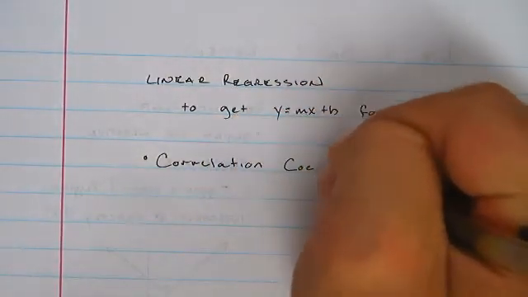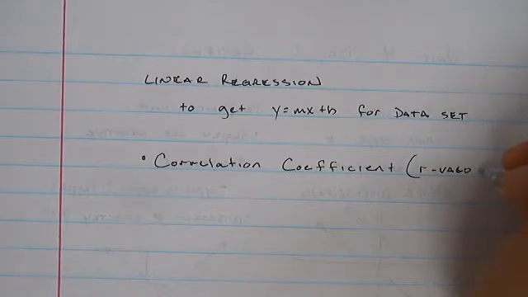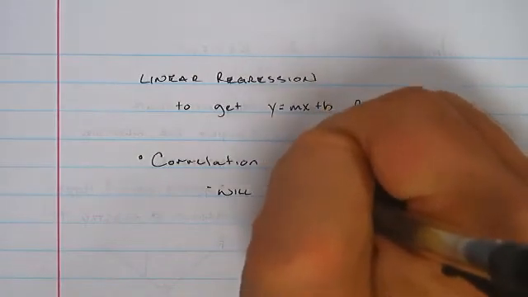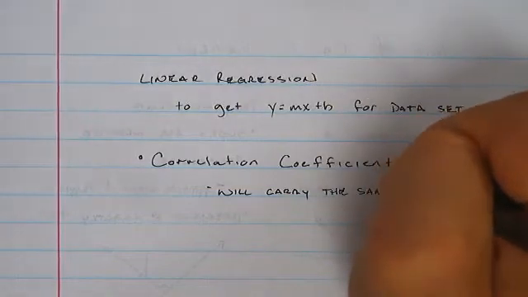But within linear regression, we had a couple of subtopics. So we talked about the correlation coefficient, and that was our R value for the data set. That's calculated separately. It resembles slope. It will carry the same sign as slope.